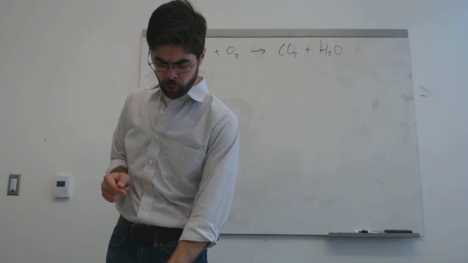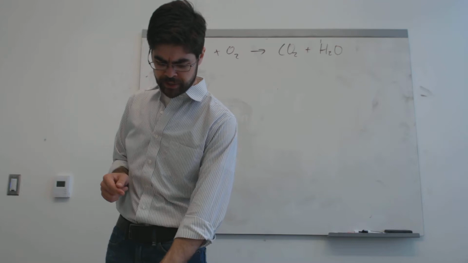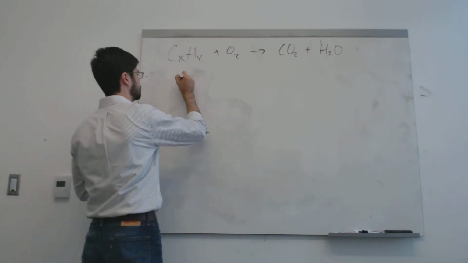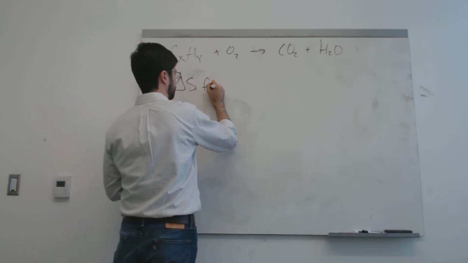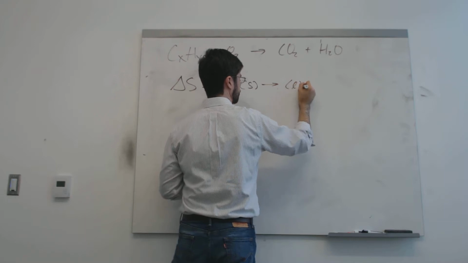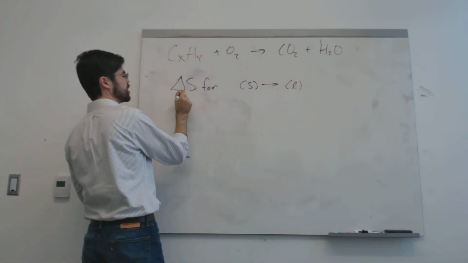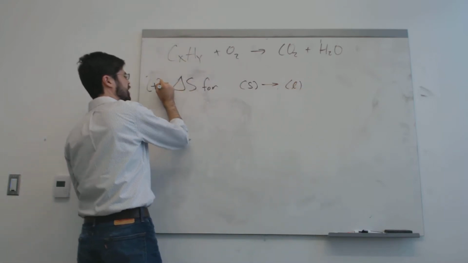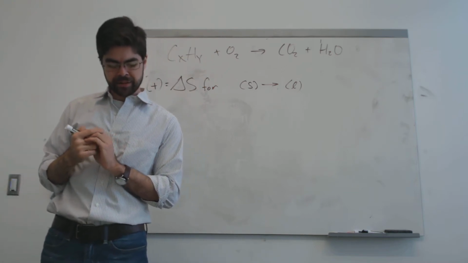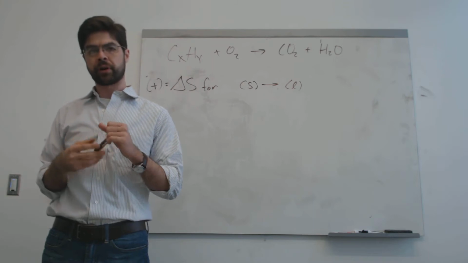Let's see here. For the entropy change of a solid going to a liquid, is the entropy change for that always positive? Are there any exceptions? I was thinking about this, and in general, no, there are no exceptions.